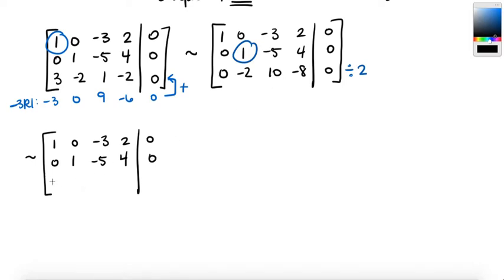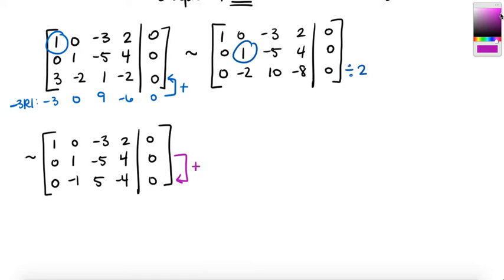Third row we divide by 2, so we get 0. -2 divided by 2 is -1. 10 divided by 2 is 5. -8 divided by 2 is -4. Okay, and very conveniently, we see that row 3 is exactly the negative of row 2.